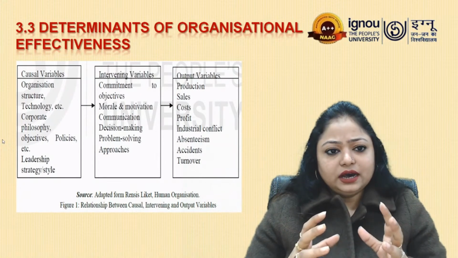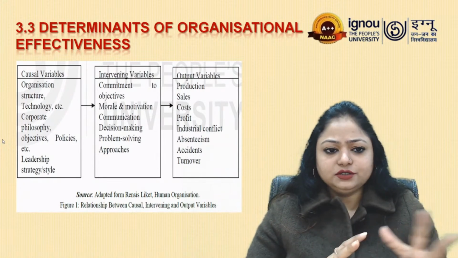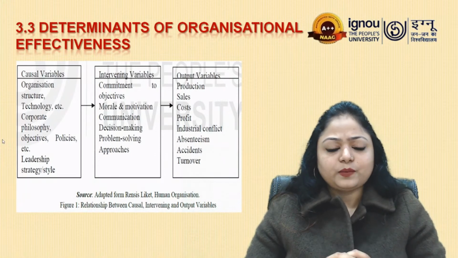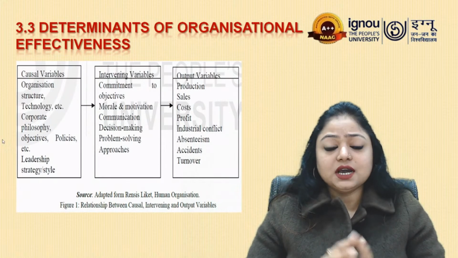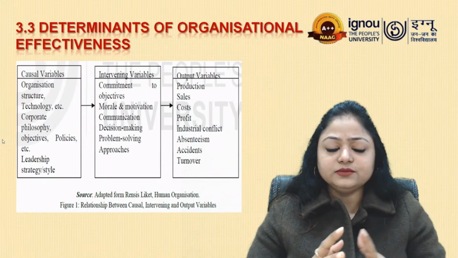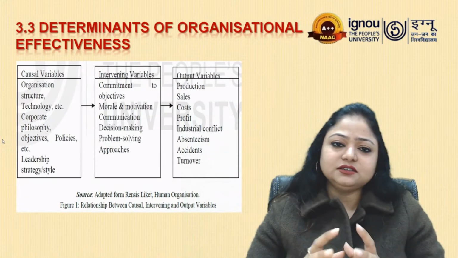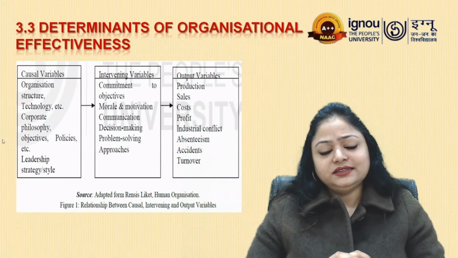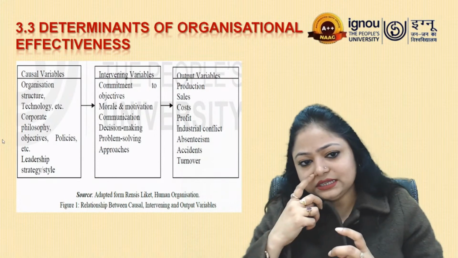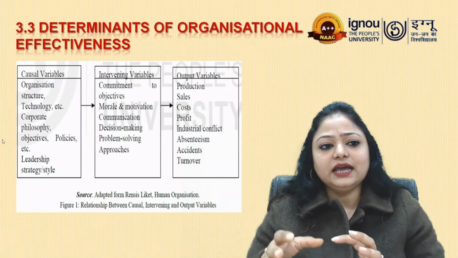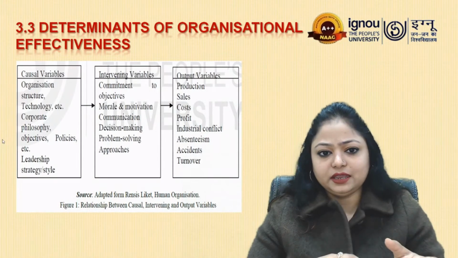Then another variable according to Likert is commitment to objectives, morale and motivation, communication of the organizational employees, problem solving approach, decision making process, and the style of the employees. So these are the intervening variables that depend upon the causal variable.